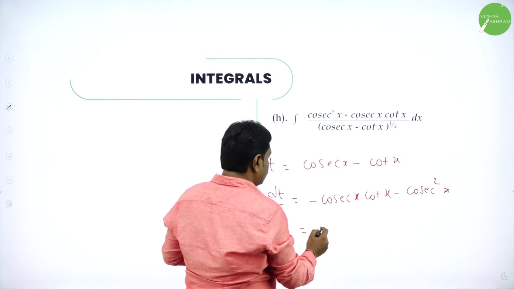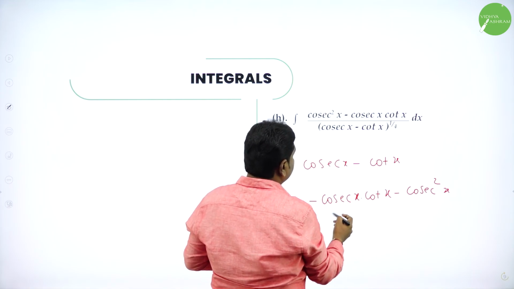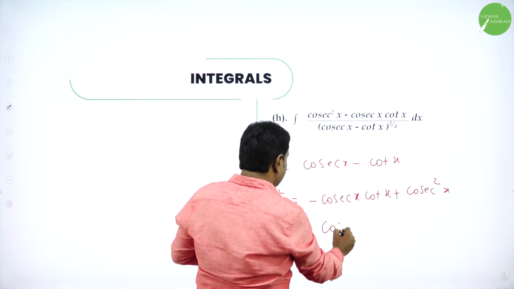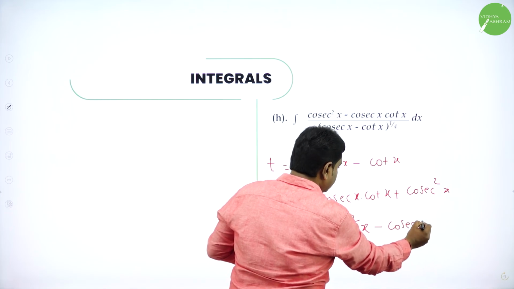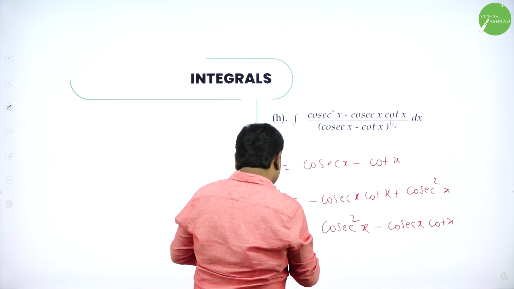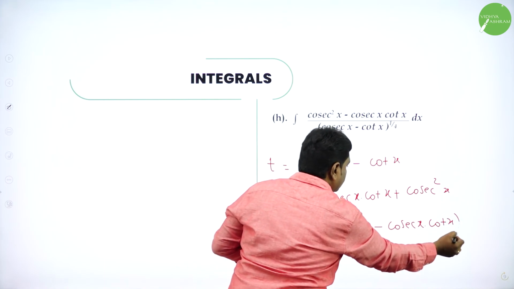So now you can rearrange. Derivative of this is this, and minus of minus becomes plus. So I'll write the positive term first, cosecant square x minus cosecant x into cot x. This is the numerator. This is dt by dx, you transfer that side, multiply both sides by dx.